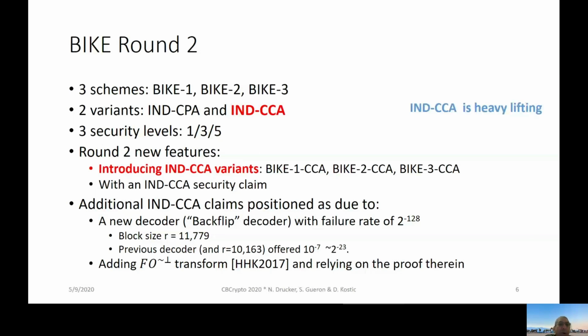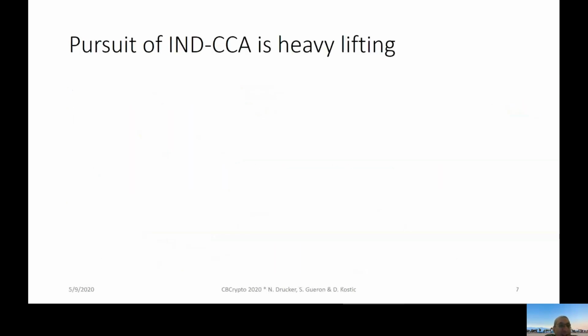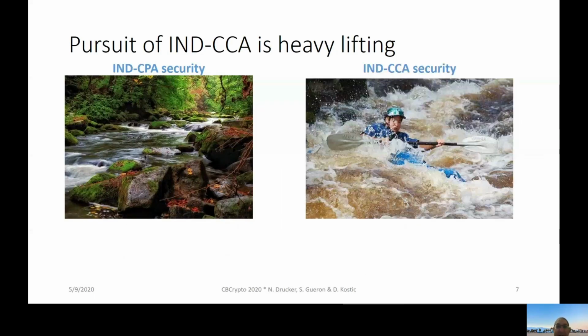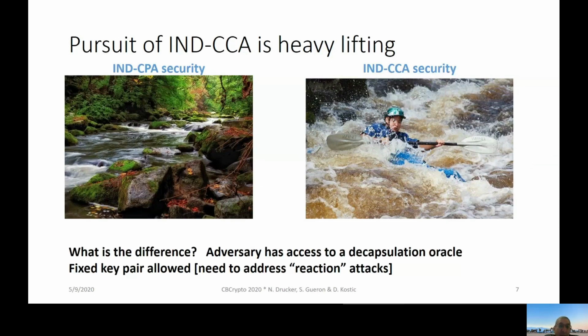IND-CPA security is very calm, very easy to satisfy. IND-CCA security is something completely different. So what is the difference? Now the adversary has access to a decapsulation oracle, and you can fix the key pair, and you need to allow as many decapsulation queries as the adversary wishes.